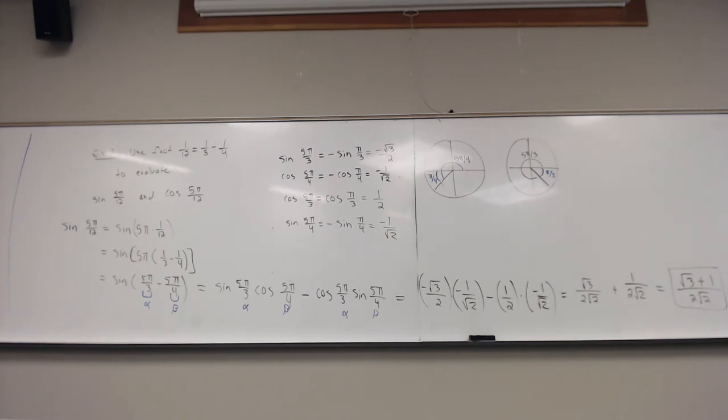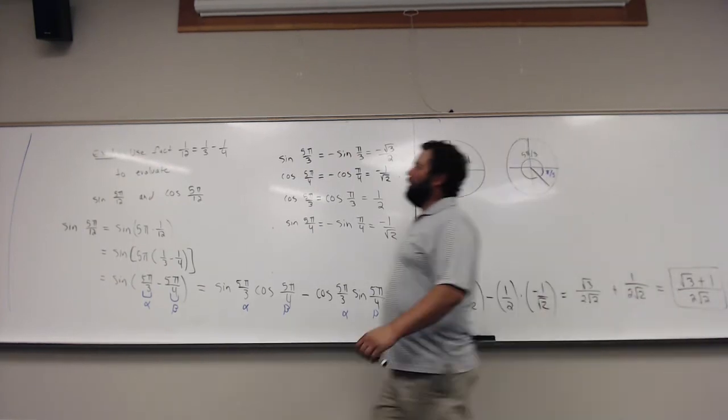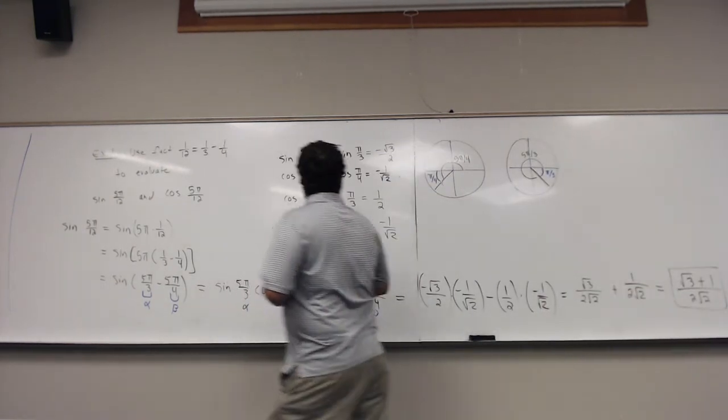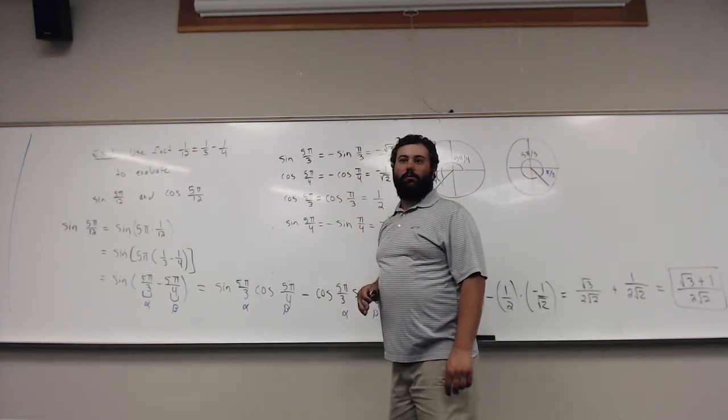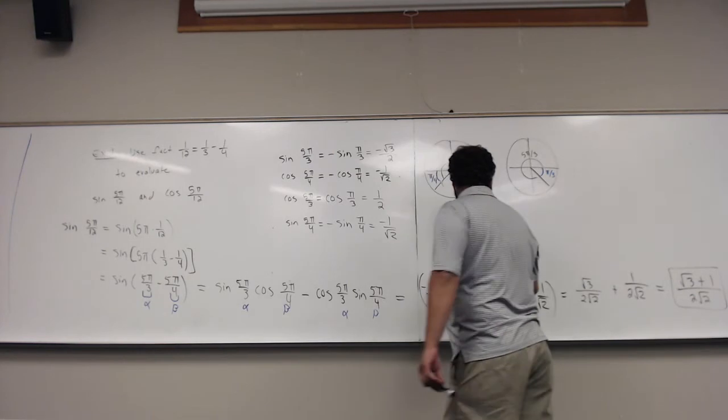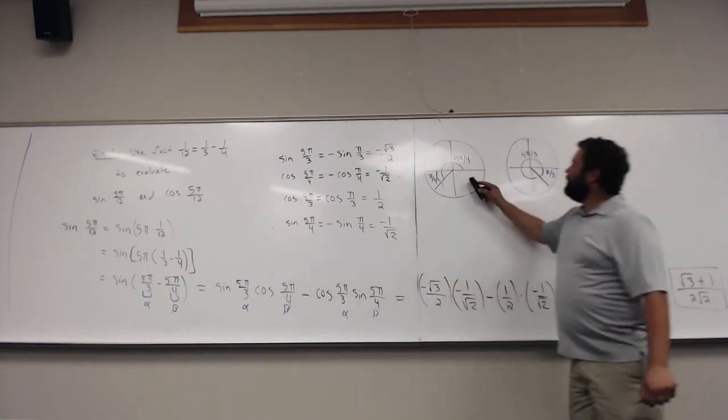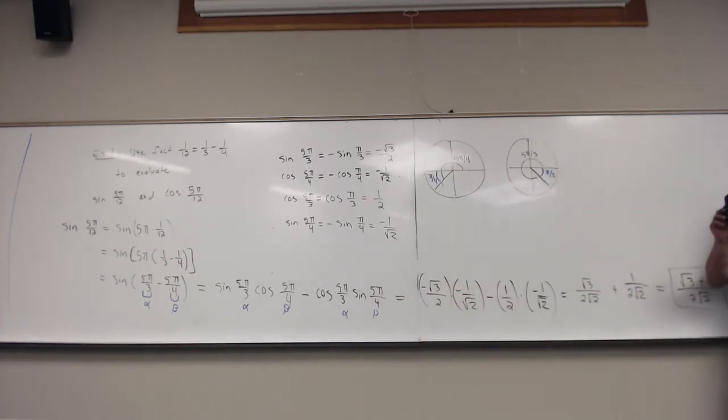And then we already did a lot of the hard work for, if I want to do the cosine 5 pi over 12, all these same values are going to show up again. So we already did a lot of the hard work. Is everybody okay if I just erase these circles up here?